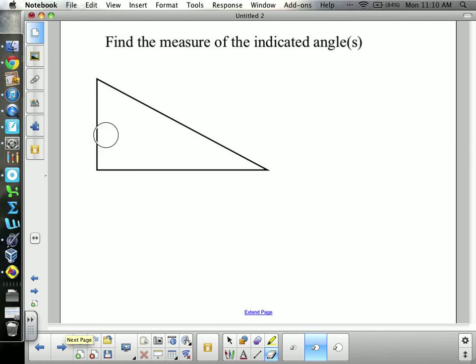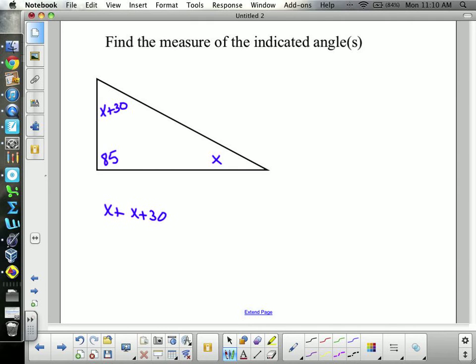A little more complicated problem. Let's say this angle is 85 degrees. This is x. This is x plus 30. So x plus 30 plus x plus 85 equals 180.